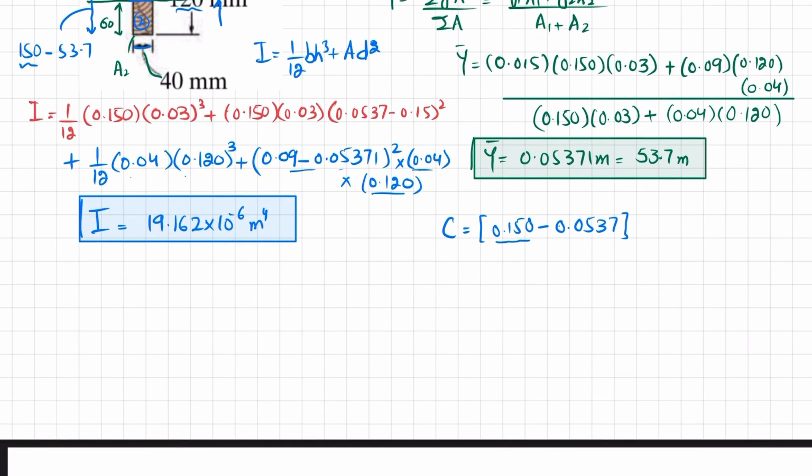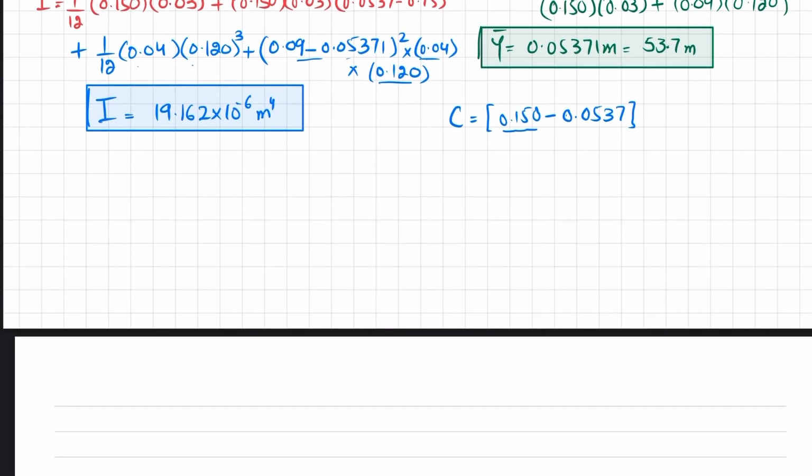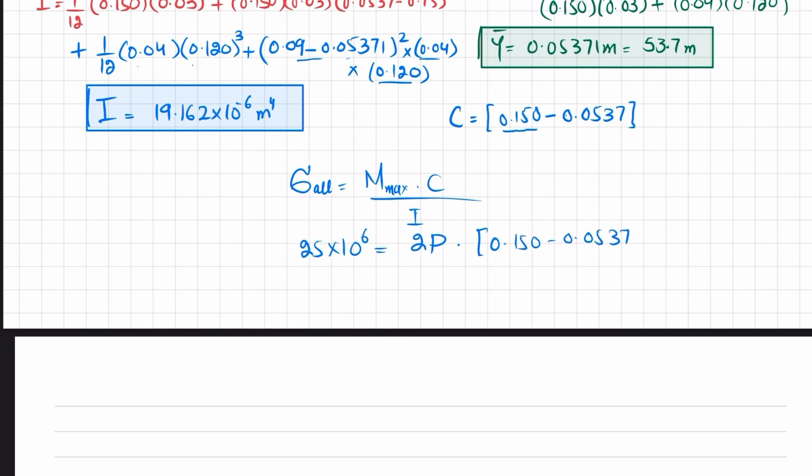So we have the C value. Now you have all the values you can apply. Allowable stress is given as maximum bending moment into C divided by I. So you have allowable stress of 25 megapascal. So 25 into 10 raised to power 6 is equal to the maximum bending moment we calculated from the bending moment diagram, 2P, into C, 0.150 minus 0.0537, divided by I, which is 19.162 into 10 raised to power minus 6 meter 4.